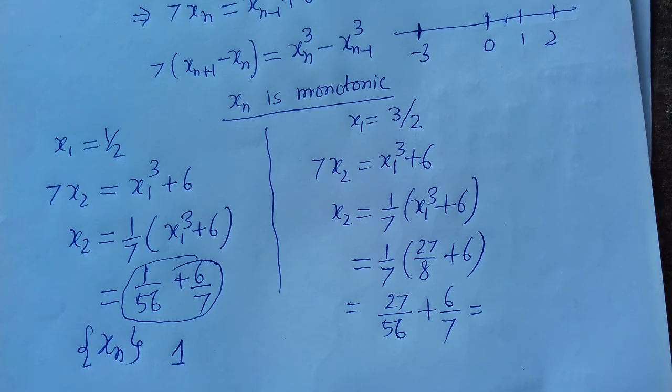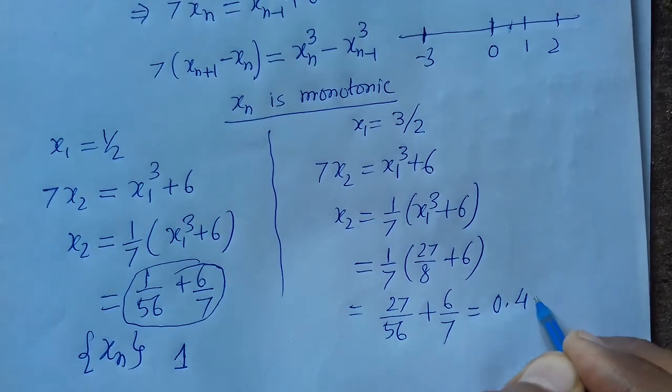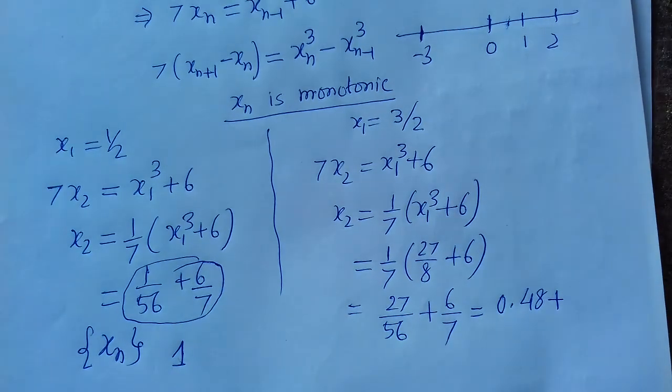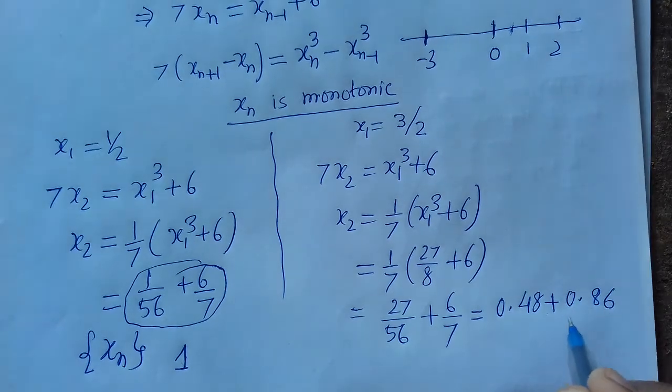If you find this in decimal, then 27 by 56 will be 0.48 plus, and this 6 by 7 will be 0.86.